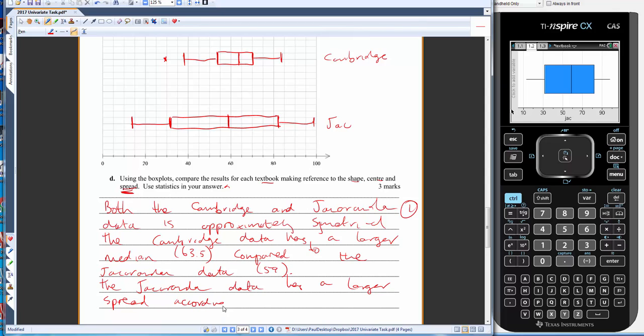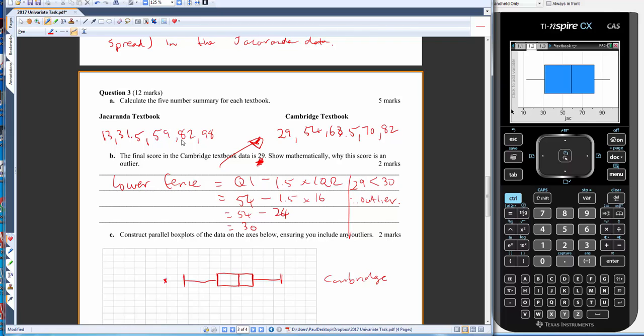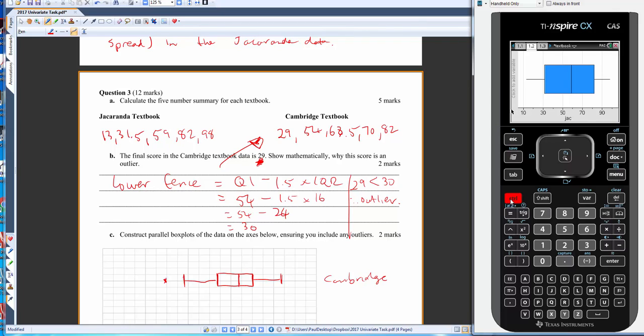according to the IQR, and for the Jacaranda data the IQR is 82 take away 31.5. Ooh, this is testing me out a bit. And that is 82 take away 31.5.